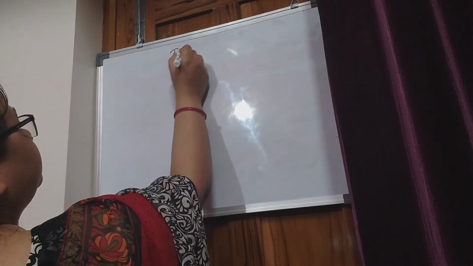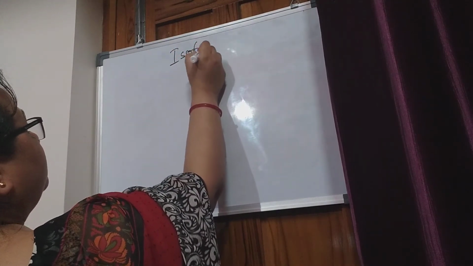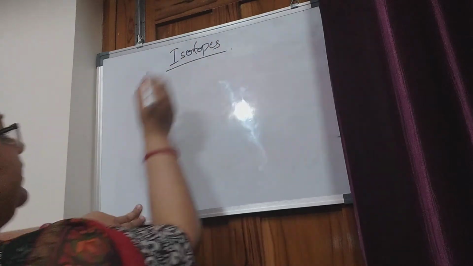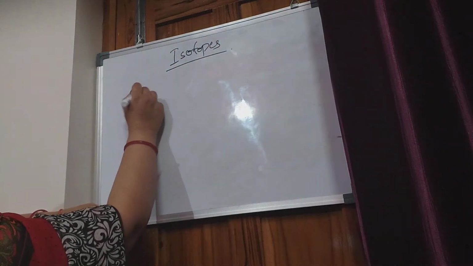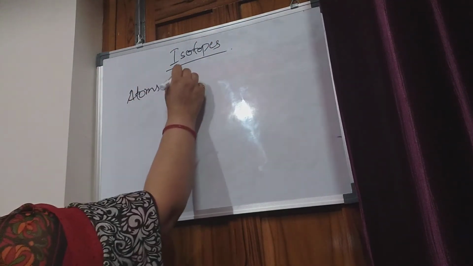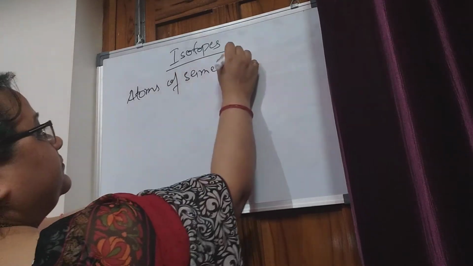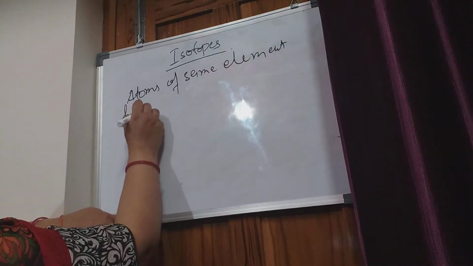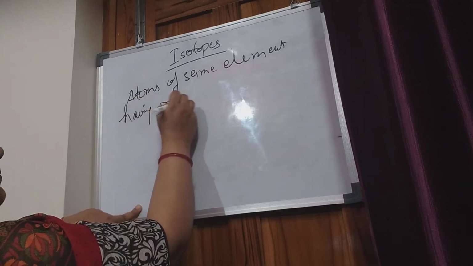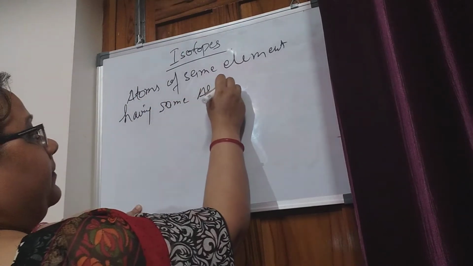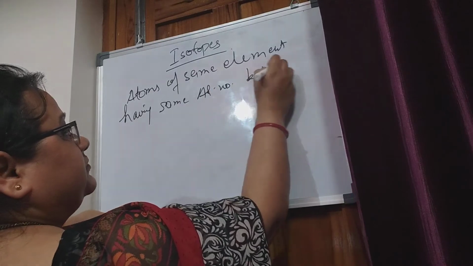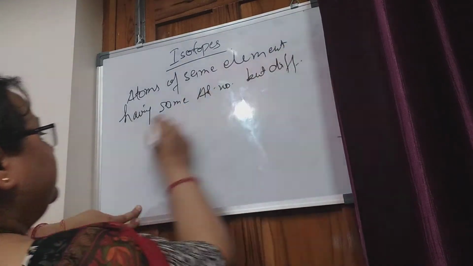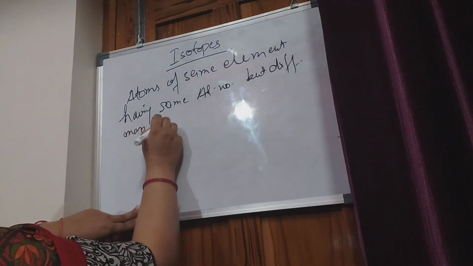If you are talking about isotopes, see, isotopes are the atoms of the same element having the same atomic number but different mass numbers.